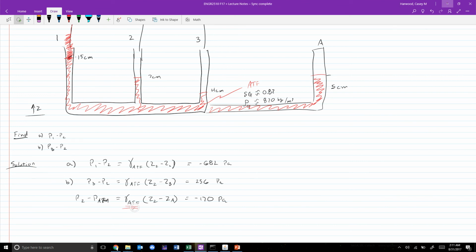Okay? This is why often, if you're buying manometers commercially, you'll see them coming in with different fluids, and each fluid is going to be tailored to a different pressure range. So something like synchronizing an engine might be filled with a fluid that has about the same density of water.